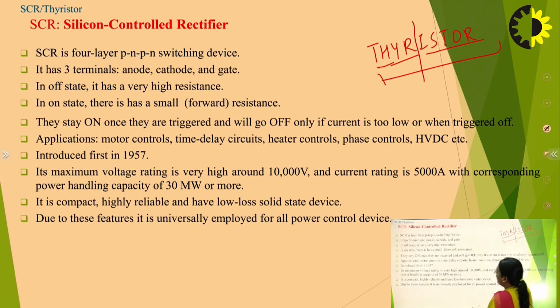Now coming to the topic silicon controlled rectifier, that is SCR. Why is it so called? Because it is made up of silicon and its operation is like a rectifier that can be controlled. So it is called the silicon controlled rectifier.